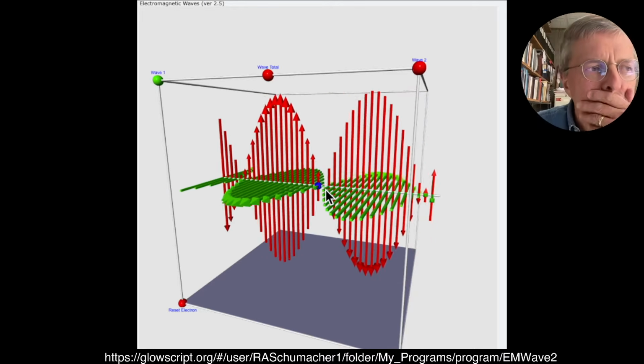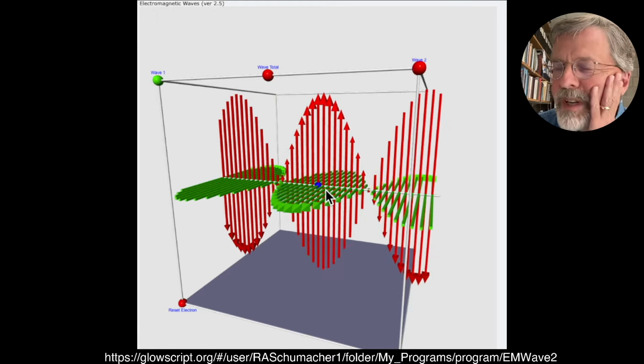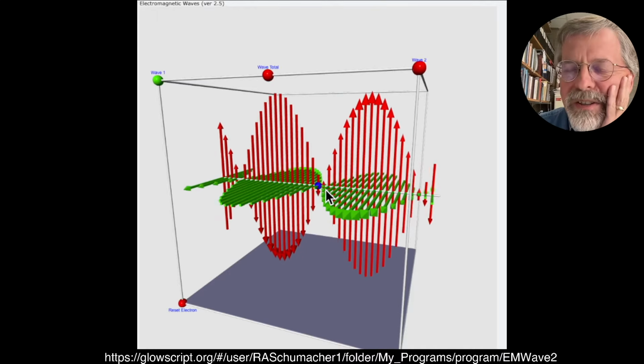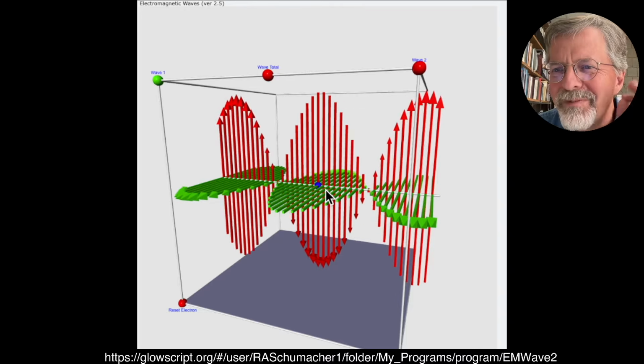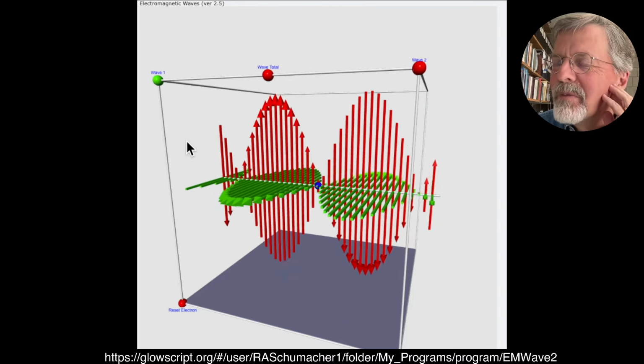But you may have seen this, like I mentioned, but maybe now you say, okay, what the heck is a circularly polarized electromagnetic wave?